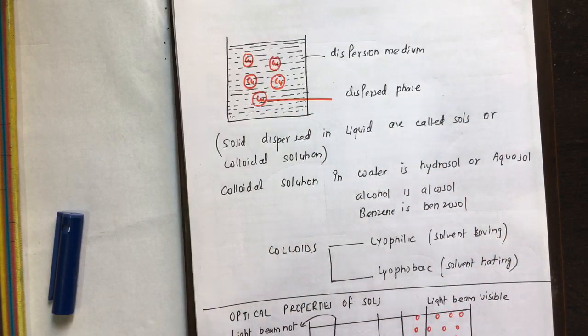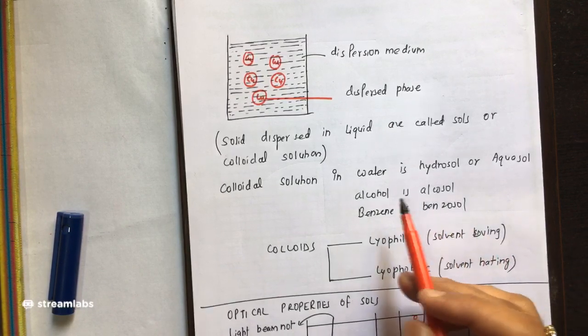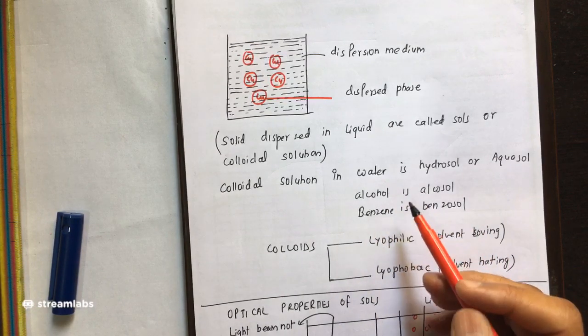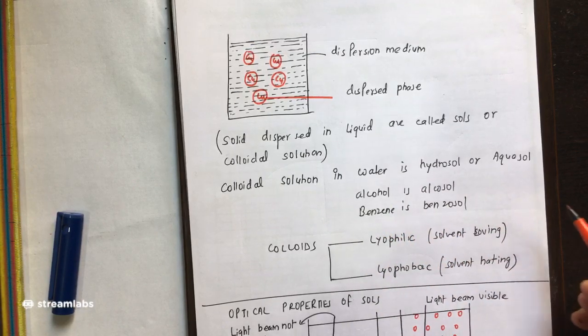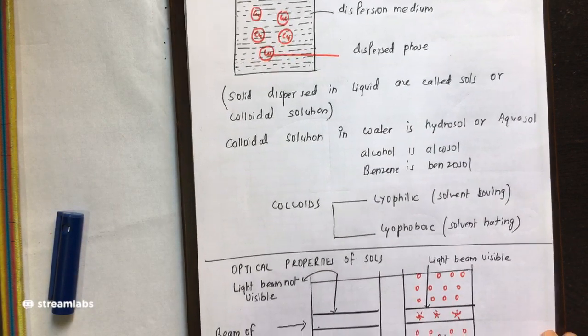So solid dispersed in liquid is called a sol or colloidal solution, and this colloidal solution in water is called hydrosol or aquasol. If it is a colloidal solution in alcohol, it is called alcosol, and if it is in benzene, it is called benzosol.